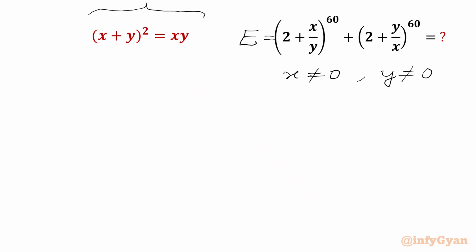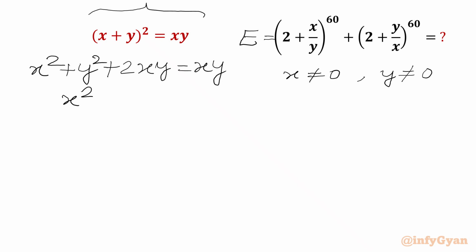Now I will use the (a + b)^2 formula in our LHS: x^2 + y^2 + 2xy equal to xy. Take all the terms to LHS. We will get x^2 + y^2 + 2xy - xy equal to 0.